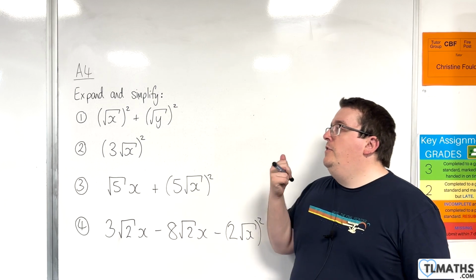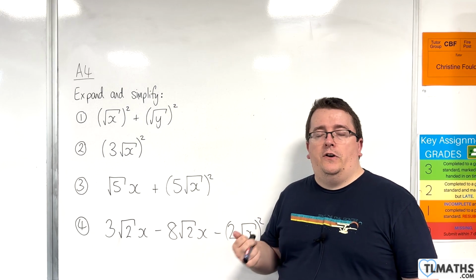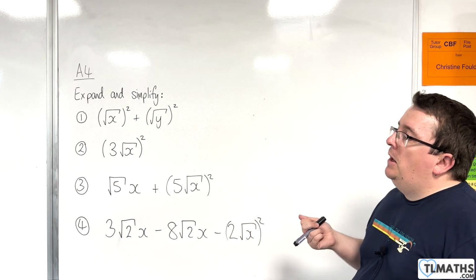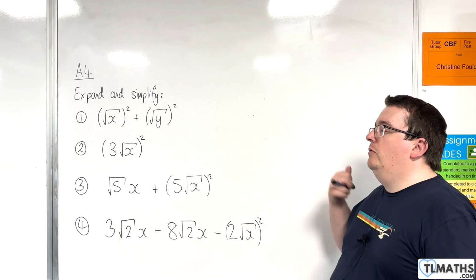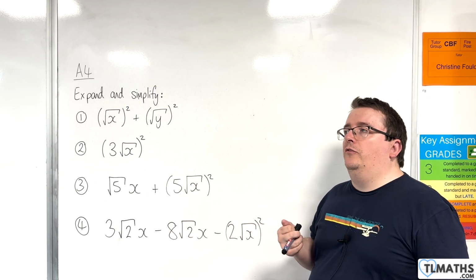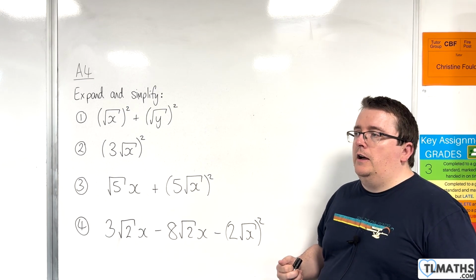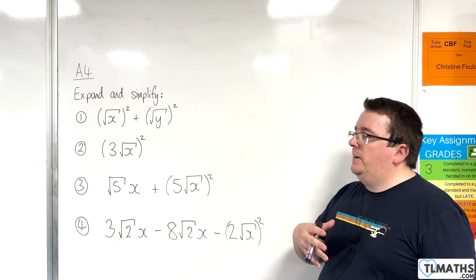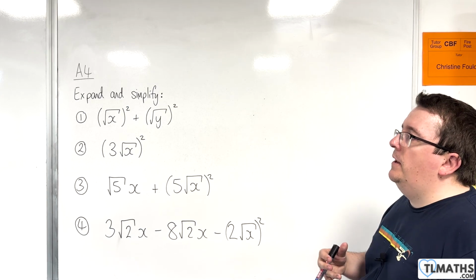However, this part is identified as higher end foundation material. So essentially you're not having to do any of the simplification of a surd or rationalising the denominator, none of the more complicated bits.